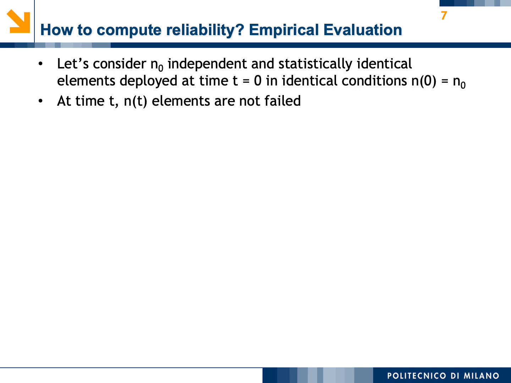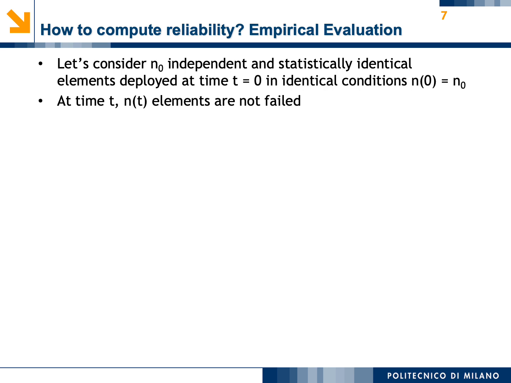Now, the question is how it is possible to compute the reliability or the unreliability. To do so, we have to consider n0 independent and identical elements deployed at time t equal to 0, where all of the items are not failed.